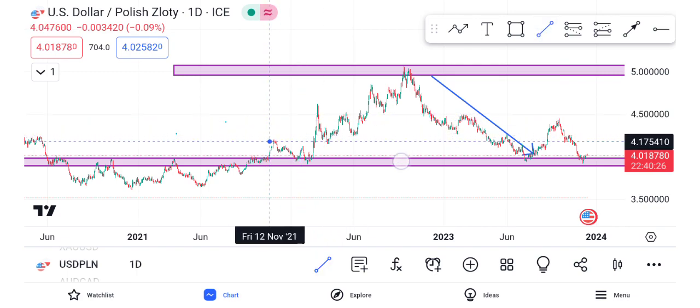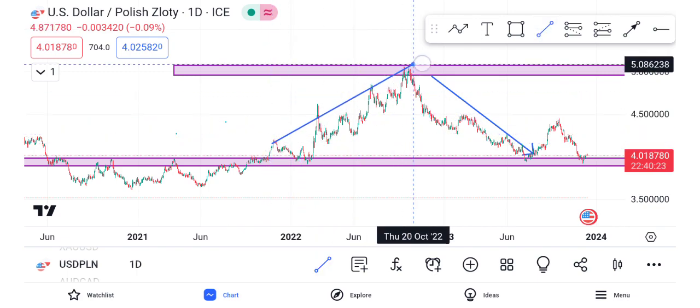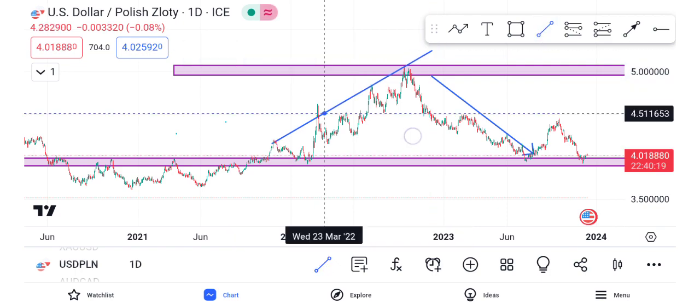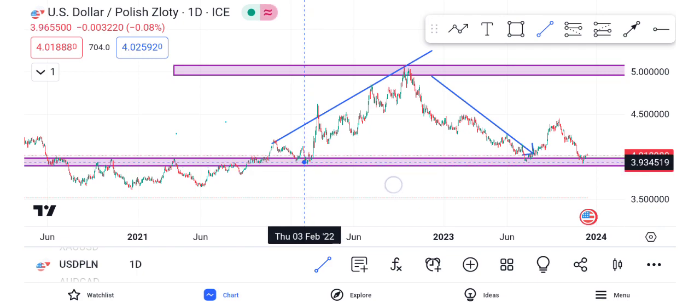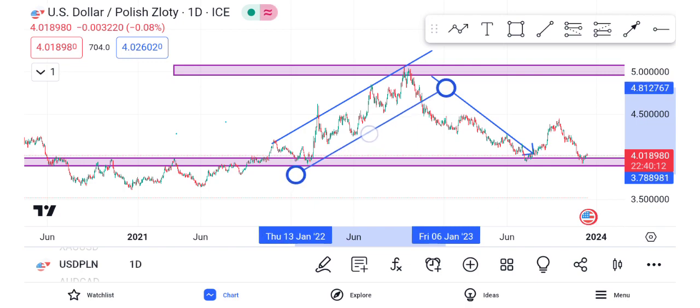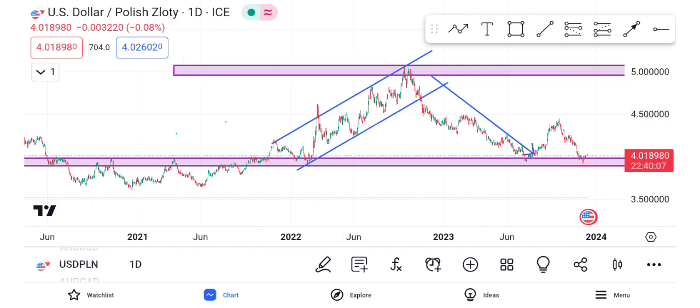So we draw the first trend line here. We also draw the second trend line here. So you can see that we have a rising channel there before the price got crashed.